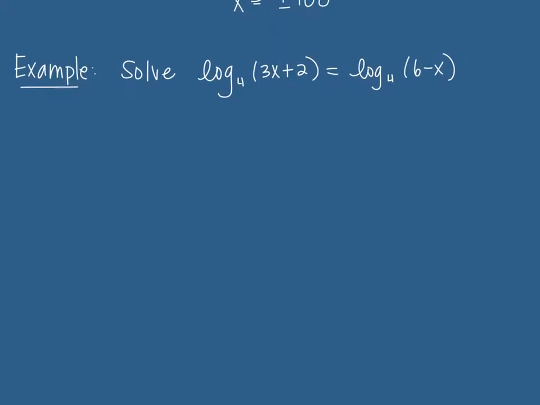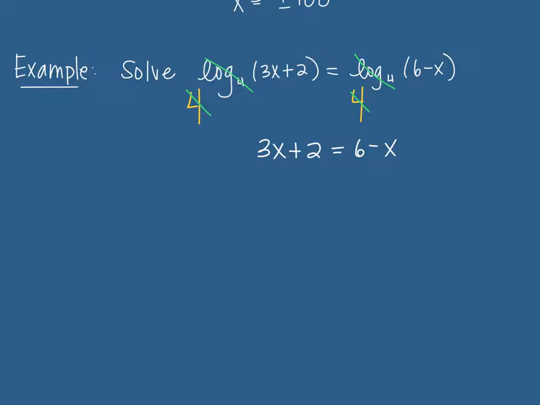All right, Natalie, how can we get started? How can we work on getting rid of this log? Okay, I'm going to use a base 4, and we use it on both sides. And as luck would have it, that's going to cancel out on both of them. And that's going to just leave me with 3x plus 2 equal to 6 minus x. And so in this case, both of the logs canceled out.